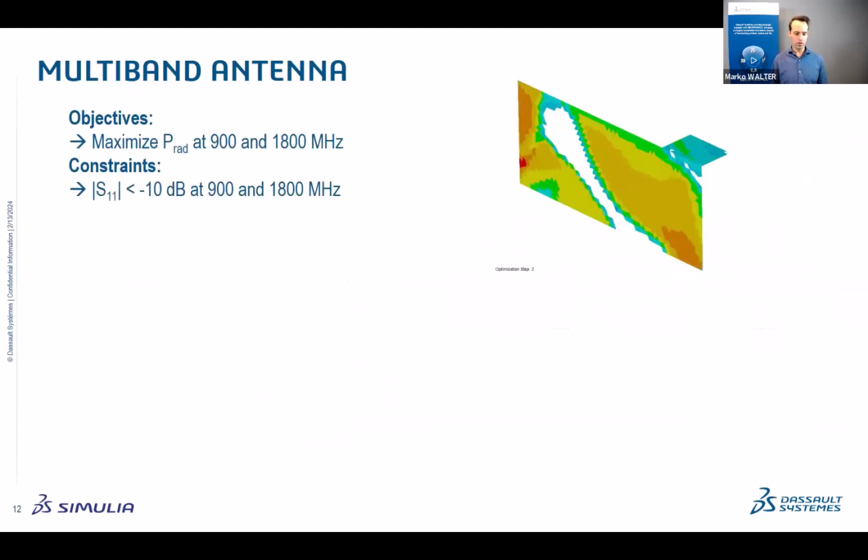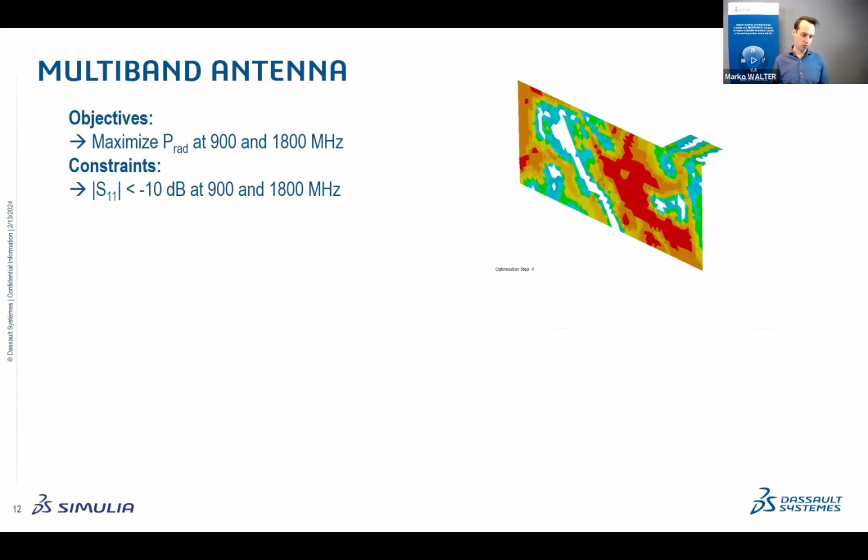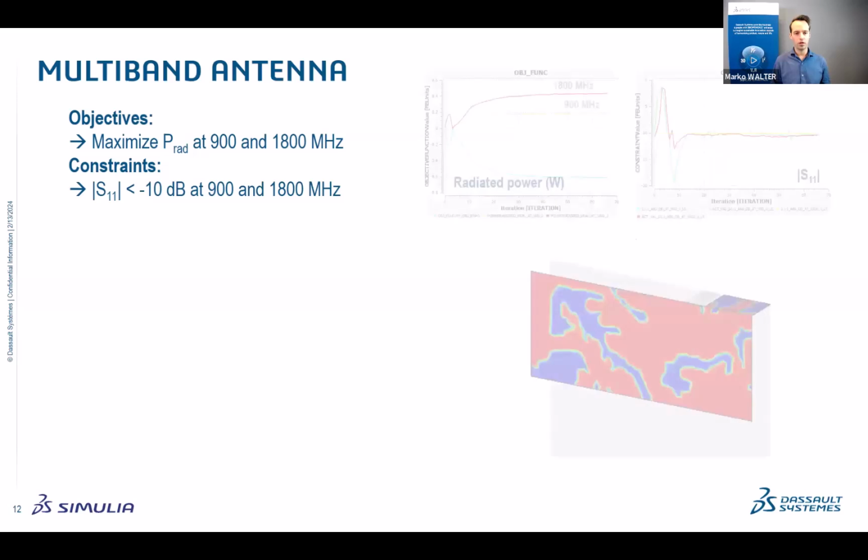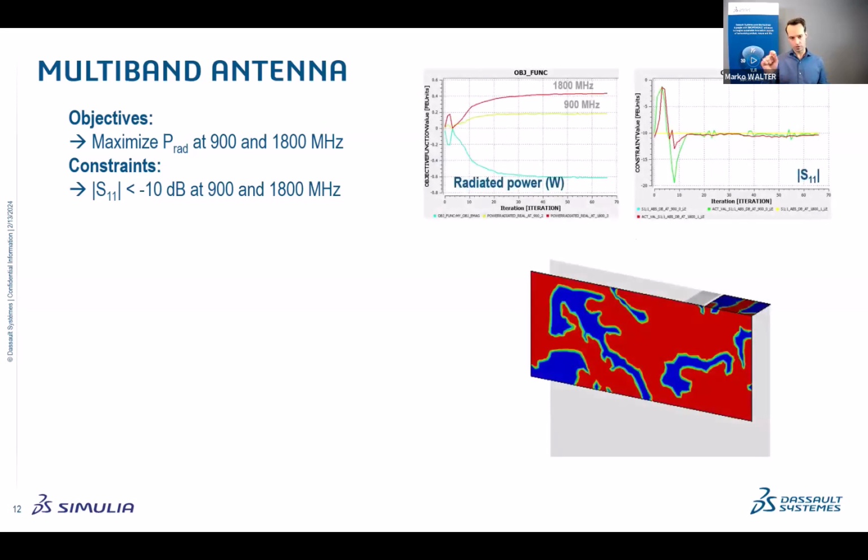And so what we do is we try and maximize the radiated power at 900 megahertz and at 1800 megahertz, simultaneously also constraining the reflection coefficient in both these bands. And you can see the topology just coming together. You see that inductive part next to the feeding point coming together, still shorting out to the backplate there, which is also necessary for the lower band.